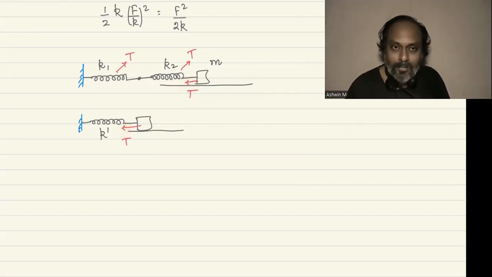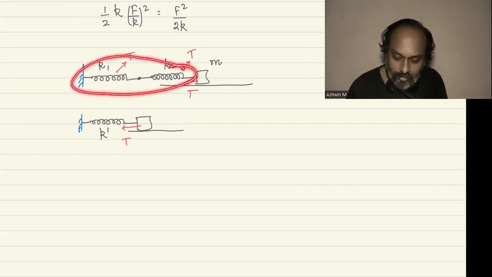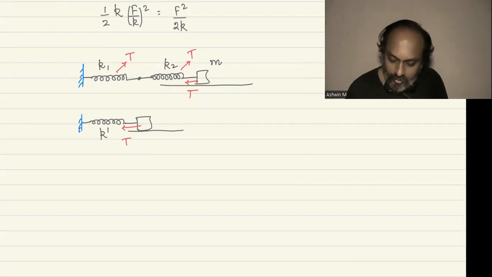And also when you replace the two springs with an equivalent spring, the energy of the arrangement should not get affected. So whatever total energy is stored in this set of two springs, that much energy should be stored in the single equivalent spring. So we can write T square divided by 2k1, that is the energy of the first spring, plus T square by 2k2, energy of the second spring, added together.